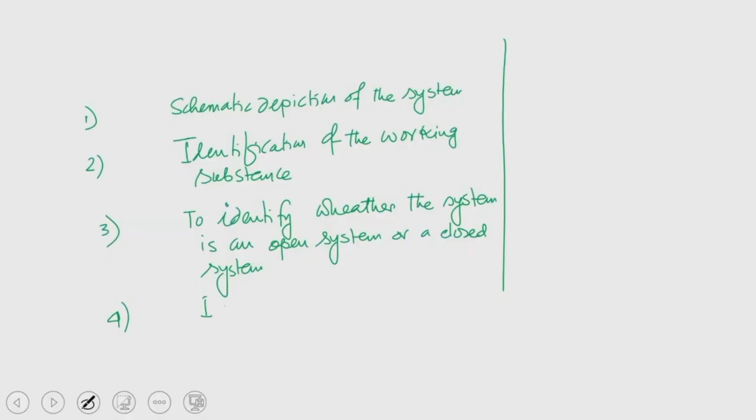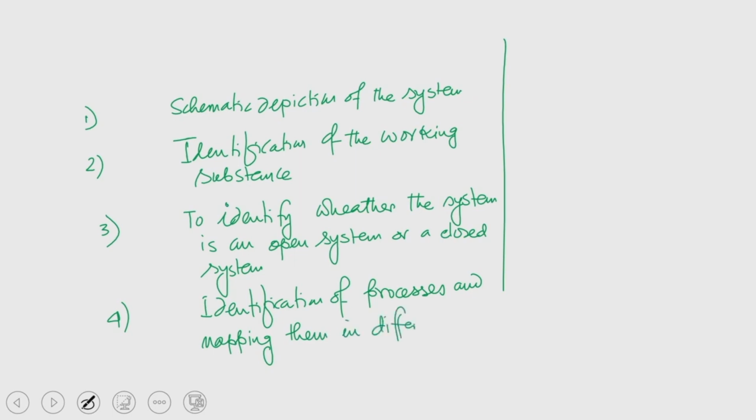So, identification of processes and mapping them in different thermodynamic planes. This is number 4.